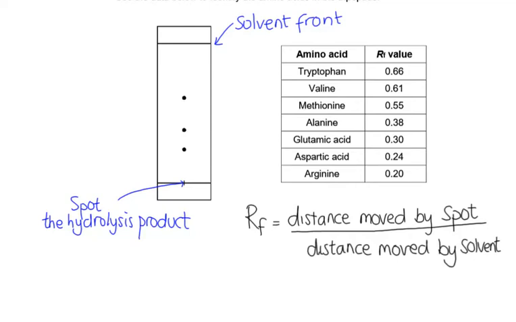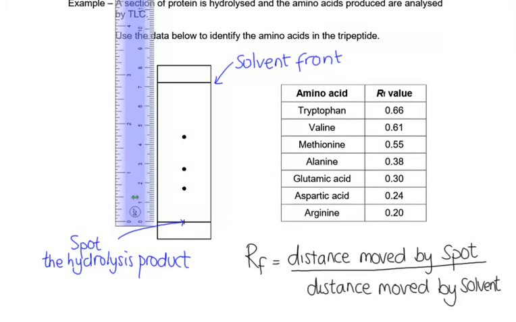So pause the video, get a ruler out and measure the distance between the line at the bottom and the line at the top. That would be the distance moved by the solvent. So you want to get your ruler and line it up with the bottom line and the top line.